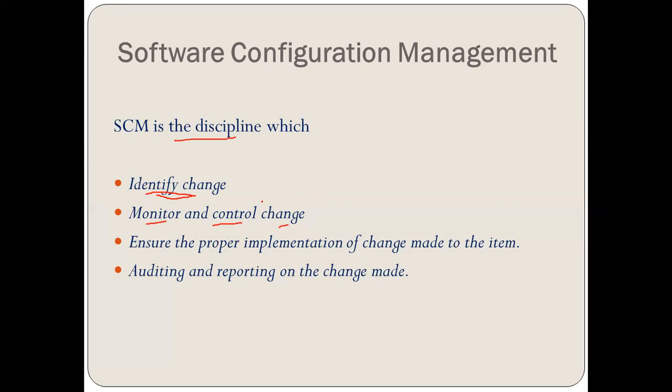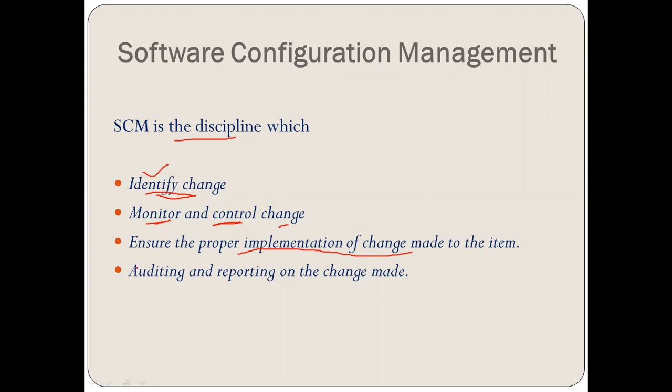So if one change is being done, it should be consistent. That means consistency should be maintained in the software completely. So we have to monitor and control the change after the identification. Next, I have to ensure that proper implementation of the change is made to the item.